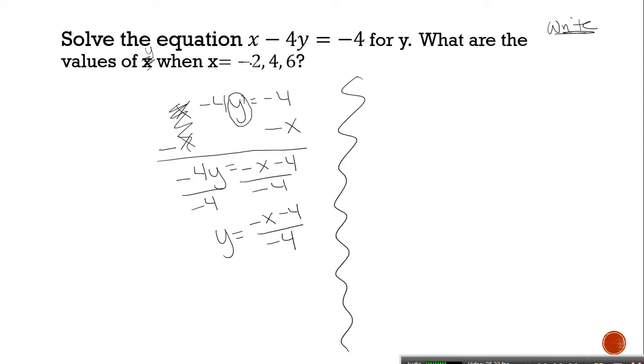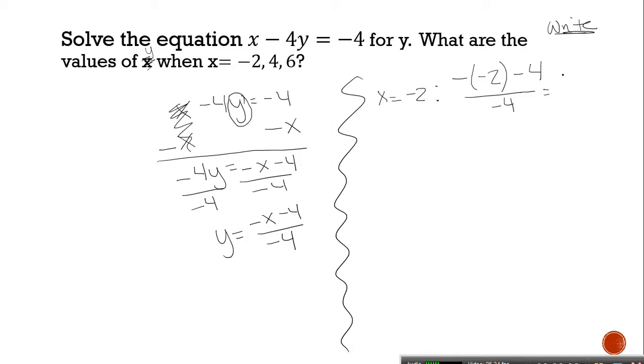But they want to know when x equals -2, what do I get for y? So I'm going to plug in -2 there. Now you need to be very careful because there are some negatives galore on this one. Alright, so I have a negative and a negative. Remember, that's always going to give you positive.